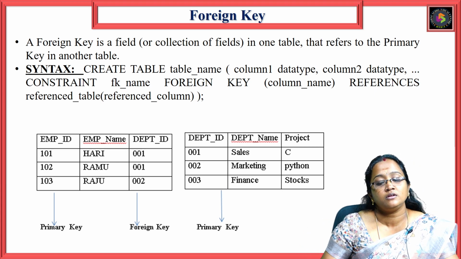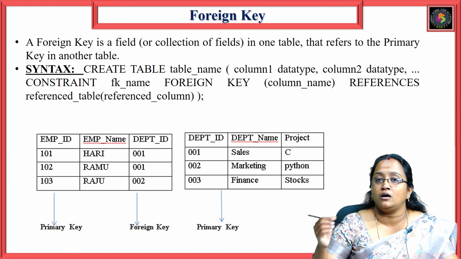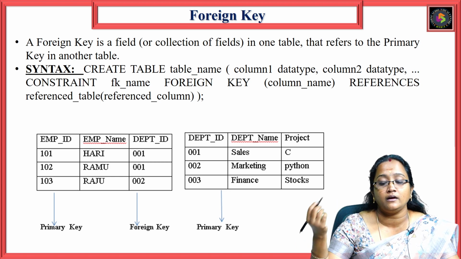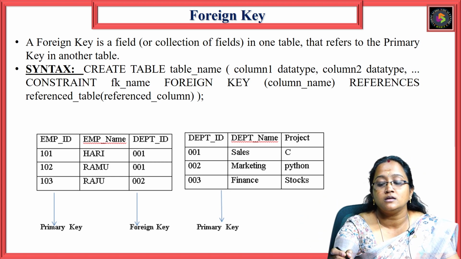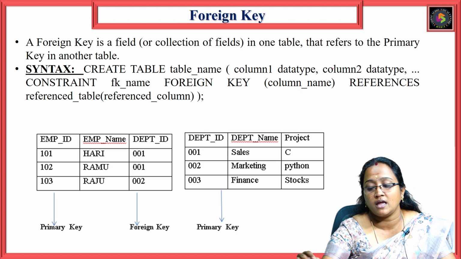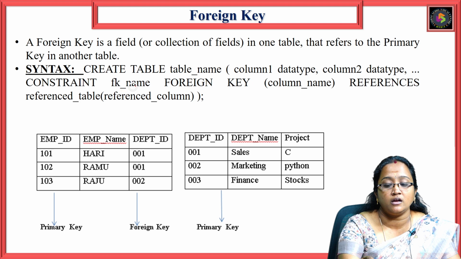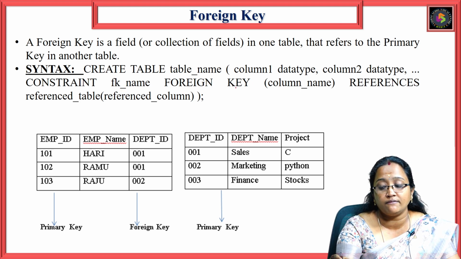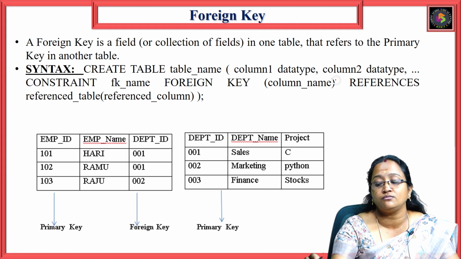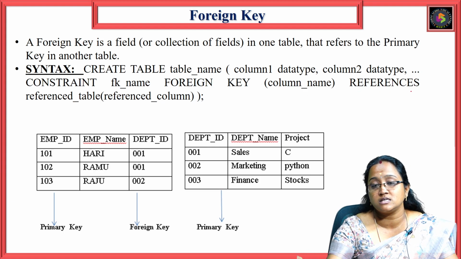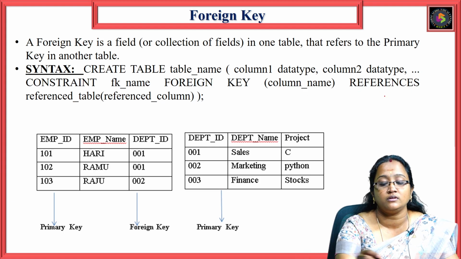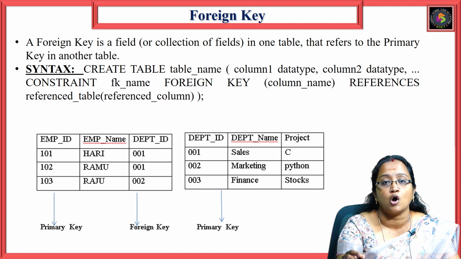A foreign key can be declared in a table while creating the table. So create table, table name, columns, same thing. Then the constraint we are giving is the foreign key name, the FOREIGN KEY keyword, which column we are going to take as a foreign key, then REFERENCES, which table you are going to refer to and the referred column.